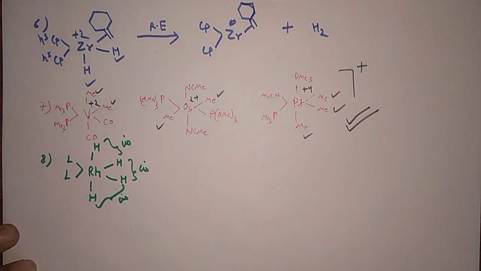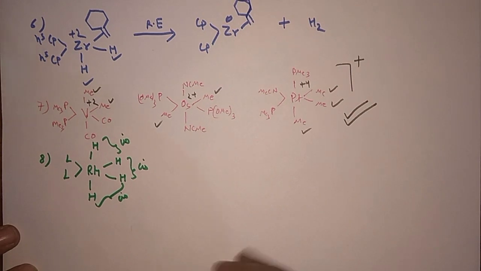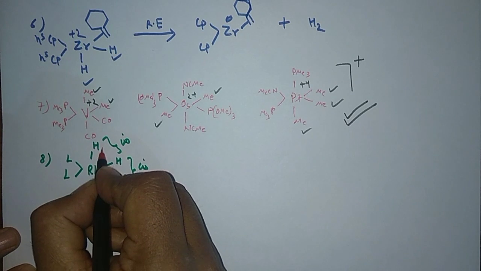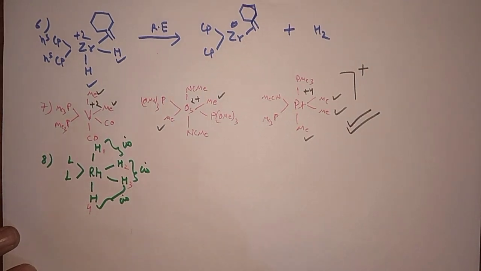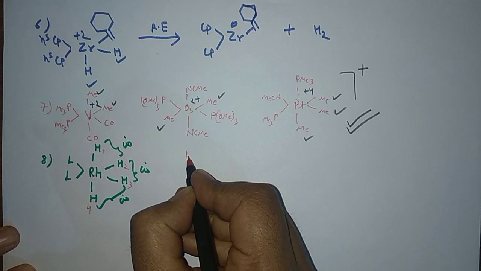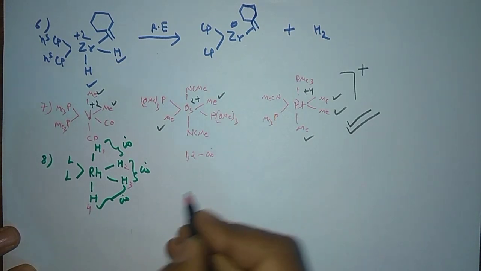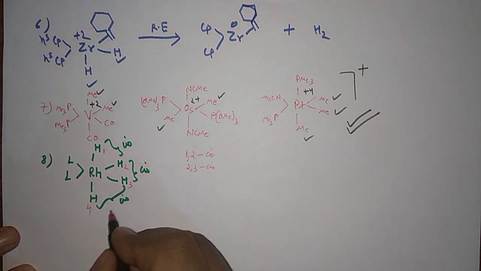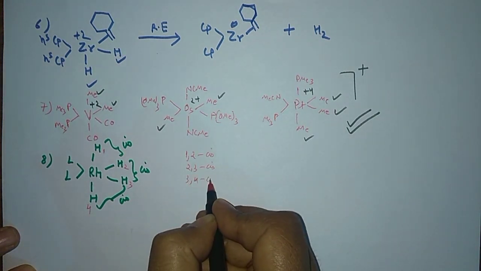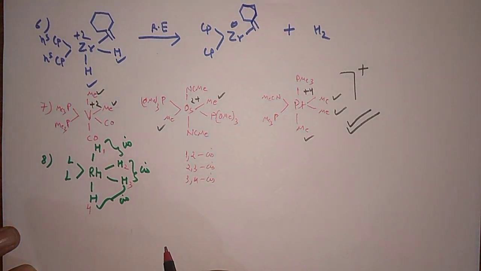Say this is hydrogen number 1, this is hydrogen number 2, this is hydrogen number 3, this is hydrogen number 4. 1 and 2, they are cis. 2 and 3, they are also cis. 3 and 4, they are also cis.